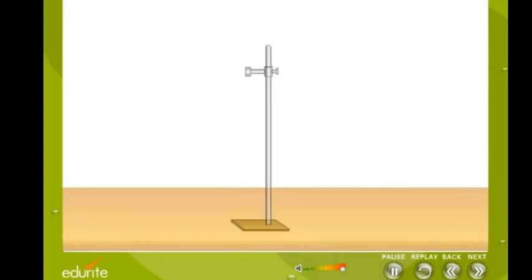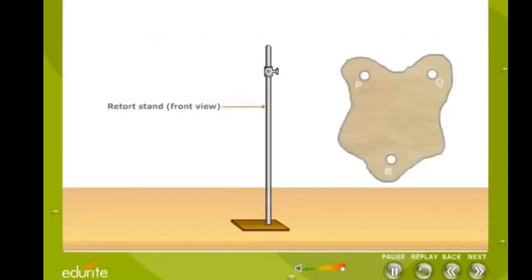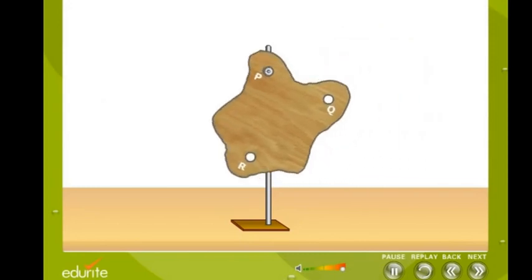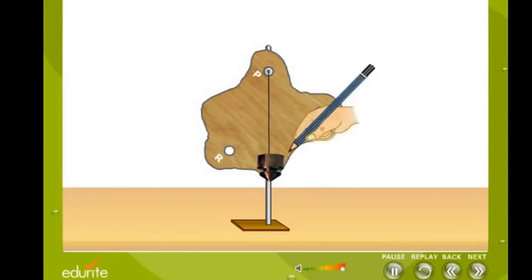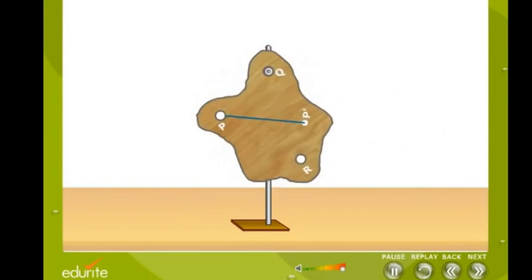Let us now determine the center of gravity of an irregularly shaped lamina using a plumb line. Make 3 holes near the edge of the lamina so that the lamina can swing freely when pivoted from each hole. Suspend the lamina from the point P as shown here. Hang a plumb line from the point P and mark the plumbing line P' on the lamina. Repeat the experiment by suspending the lamina from Q and mark the plumbing line Q'.